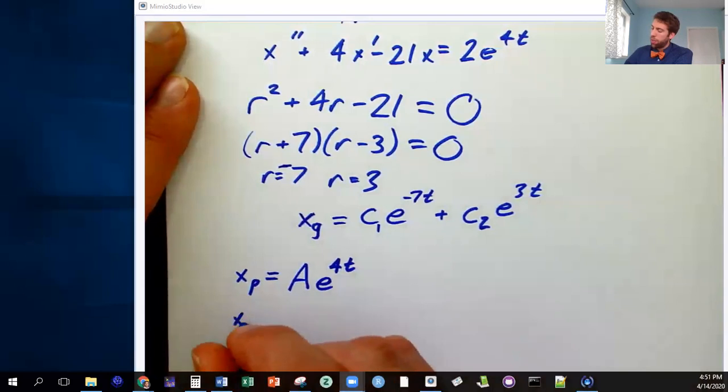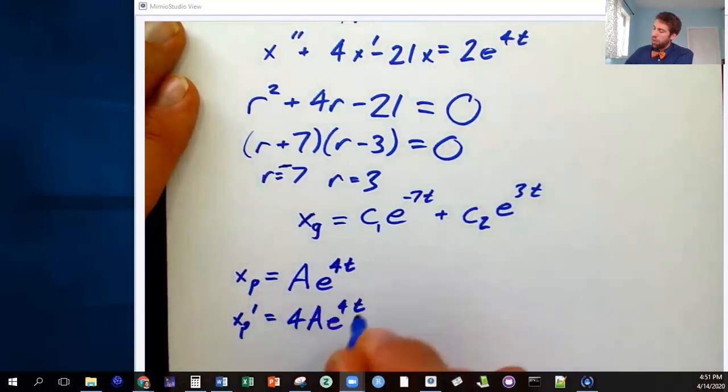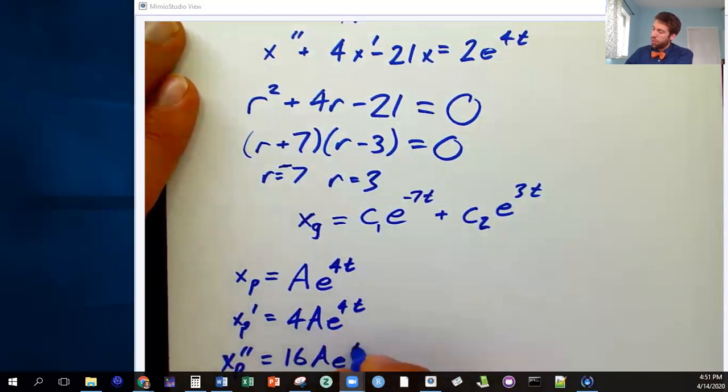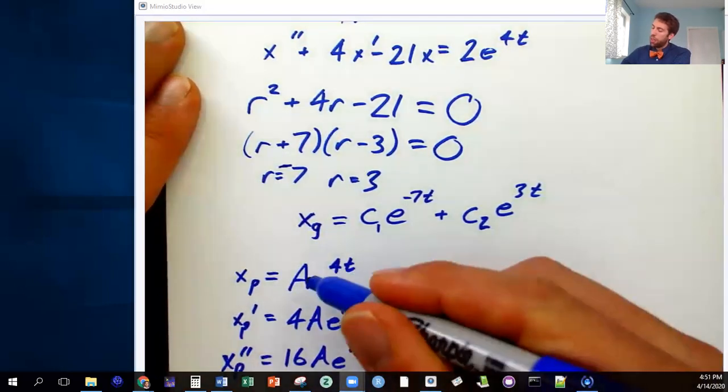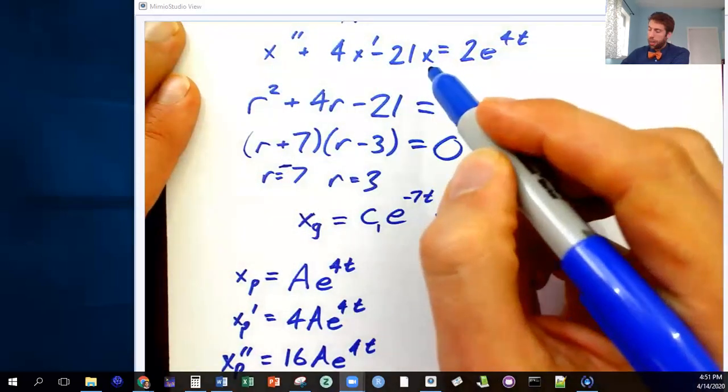Okay, so then x_p prime is going to be 4a e to the 4t, and x_p double prime, take the derivative again, you get 16a e to the 4t. Okay, so now I'm going to take these three things and put them in here and then solve for a.